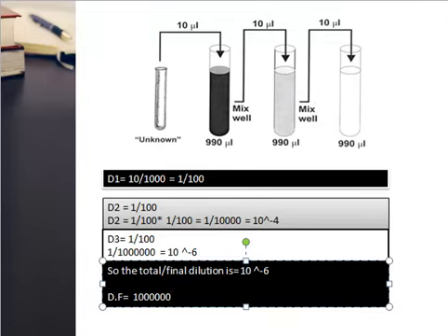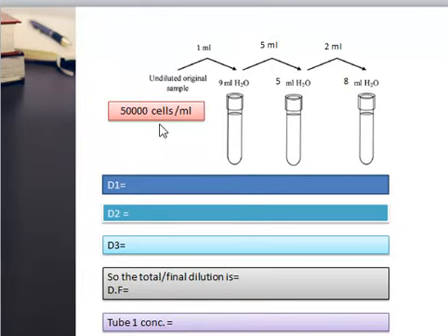In this example, an undiluted sample contains 50,000 cells per ml as the original concentration, and it has been diluted into three tubes.